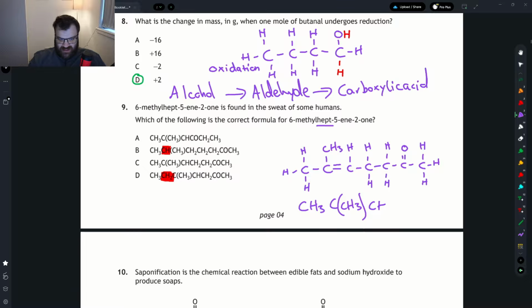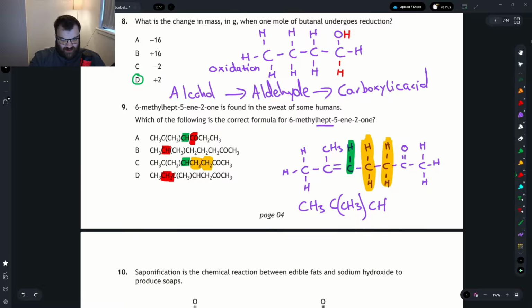Next we have a CH. And they both have that. So we're up to there. We've then got CH2, CH2, CH2, CH2. I've already ruled out B because of the bit earlier on, so that's not going to work there.